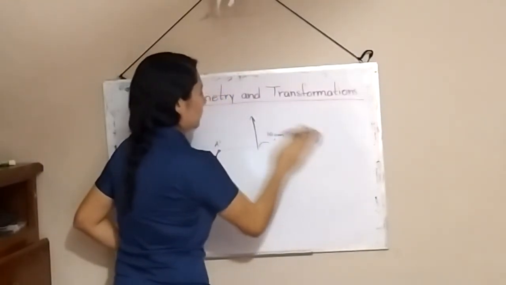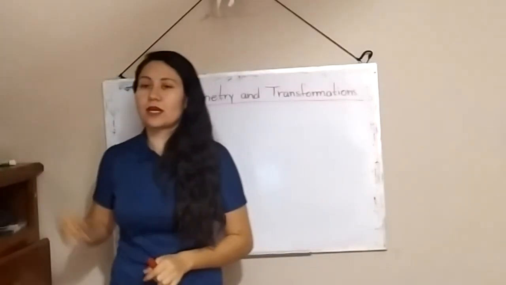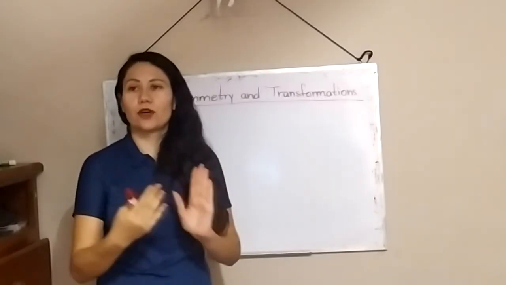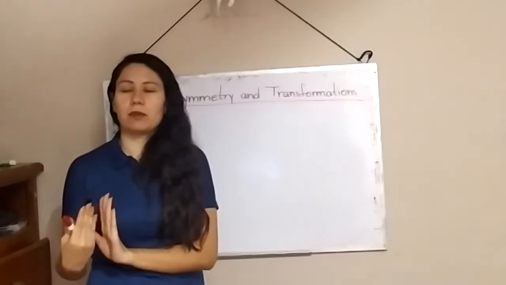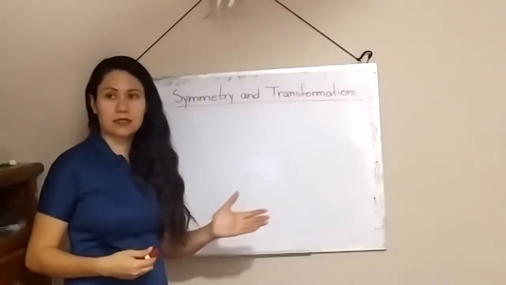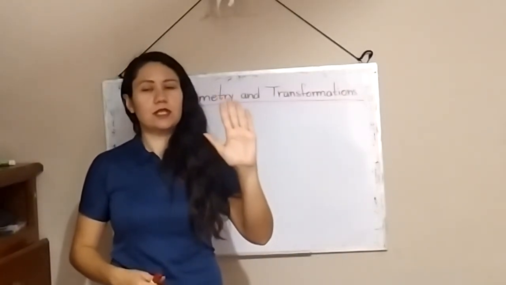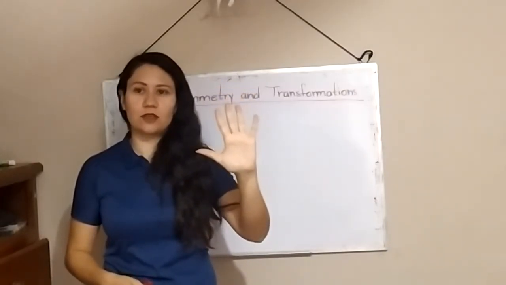Now, translations. A translation is just the movement of one point, line, or figure from one place to the other without changing its direction. A reflection is, let's say my hand is the figure we are talking about.